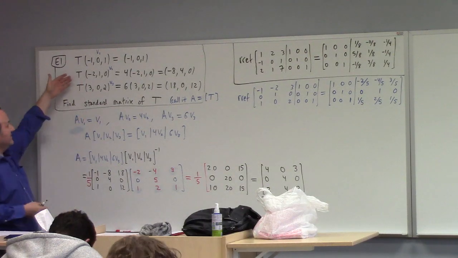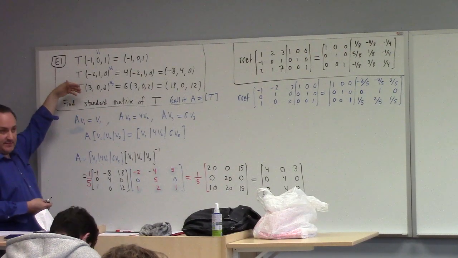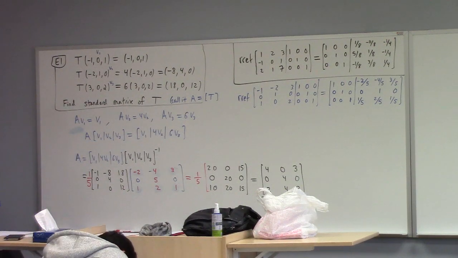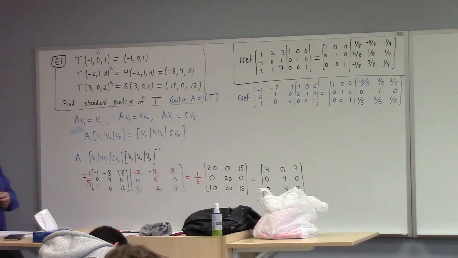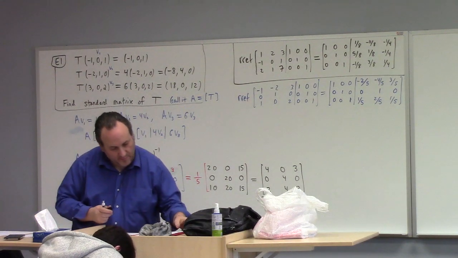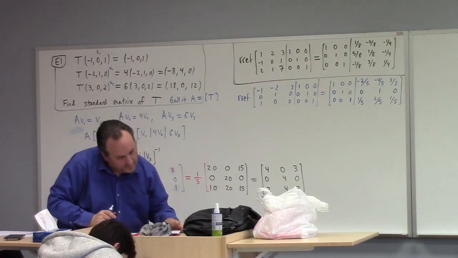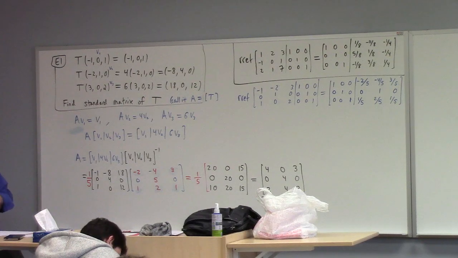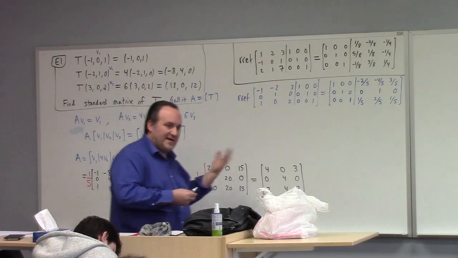Which has these facts about it, and has that standard matrix. I thought it'd be good for us to do an example which is a little bit tricky, I think it's a little bit tricky. We'll come back to this.